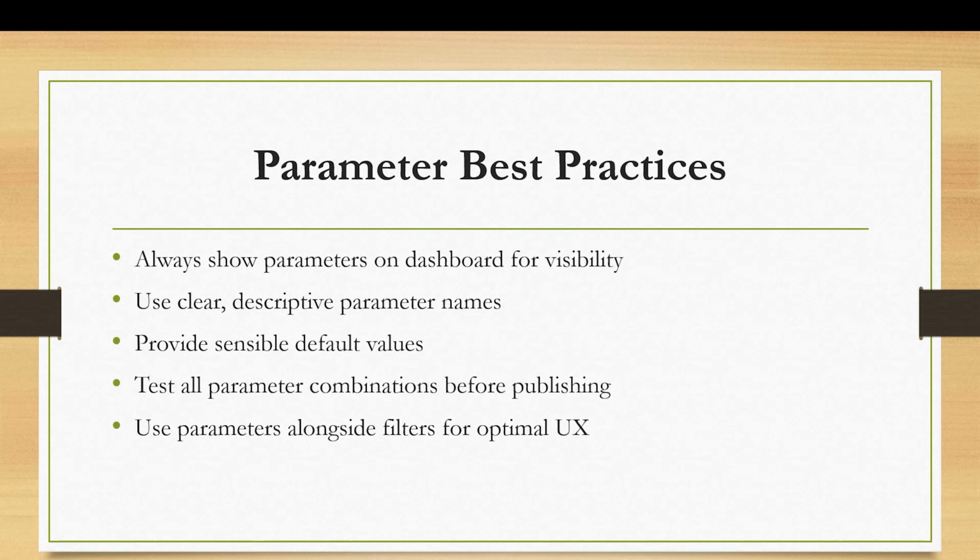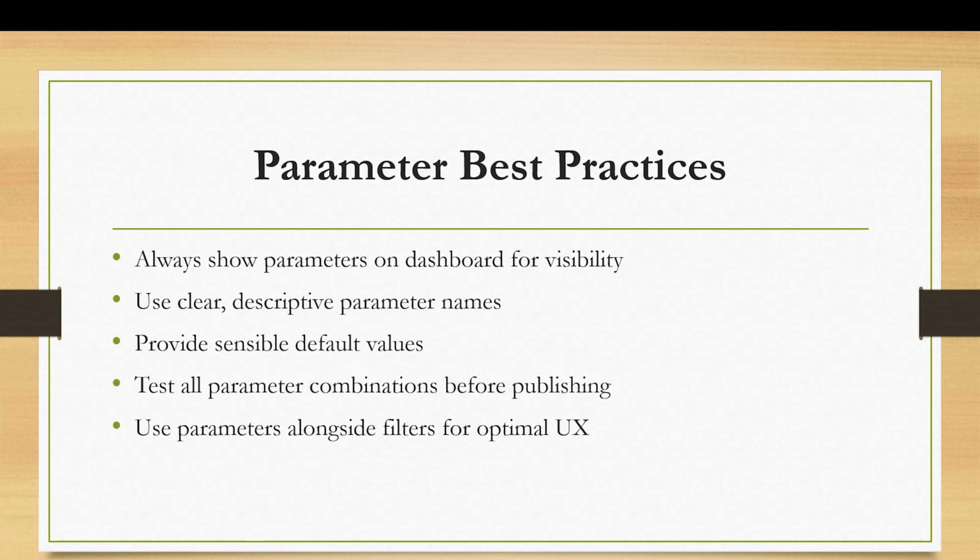So in this way we can use the parameter for range filtering. So always show the parameter on the dashboard for visibility. Otherwise, how can the end user change the parameter to change the visualization dynamically? For that we need to show the parameter on the dashboard. We need to use clear and descriptive names for the parameter. From the name itself we should be able to understand the use case or the primary focus of that parameter.